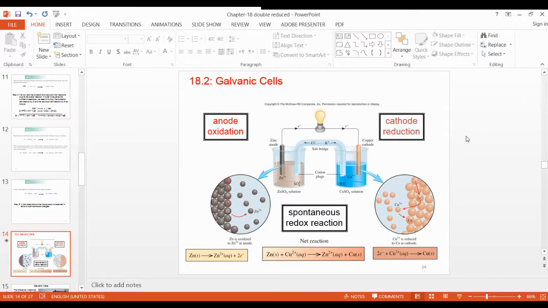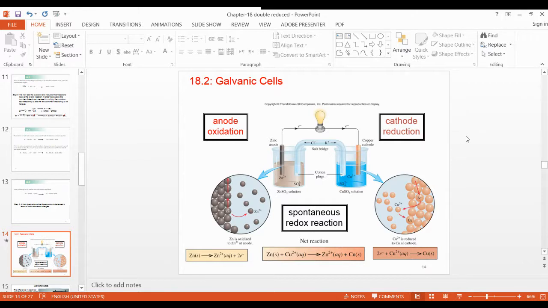So the higher the reduction potential, reduction takes place, the lower the reduction potential, oxidation takes place. And you know that oxidation is always carried out at the anode, and anode I always put on the left hand side, left compartment. So in this way you can identify which metal you can put on the left side, which metal you can put on the right side, which one is anode, which one is cathode.